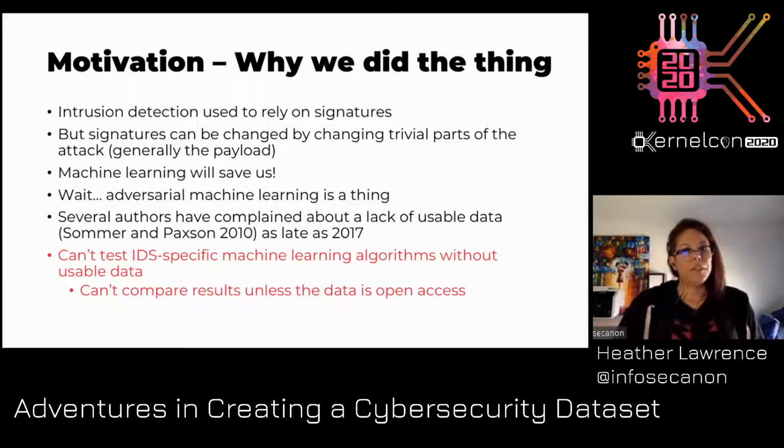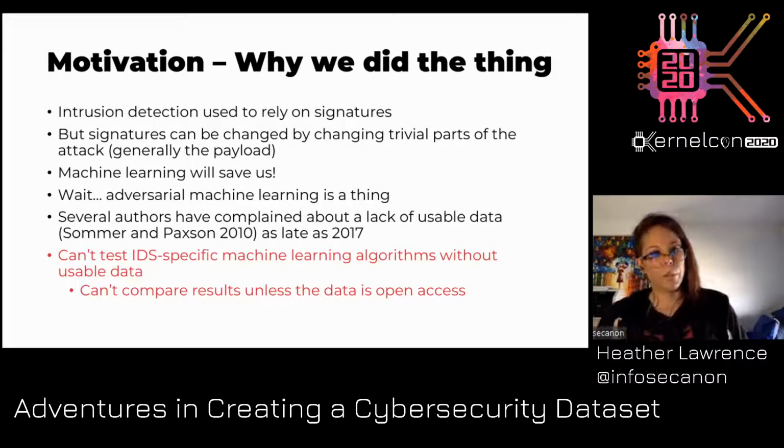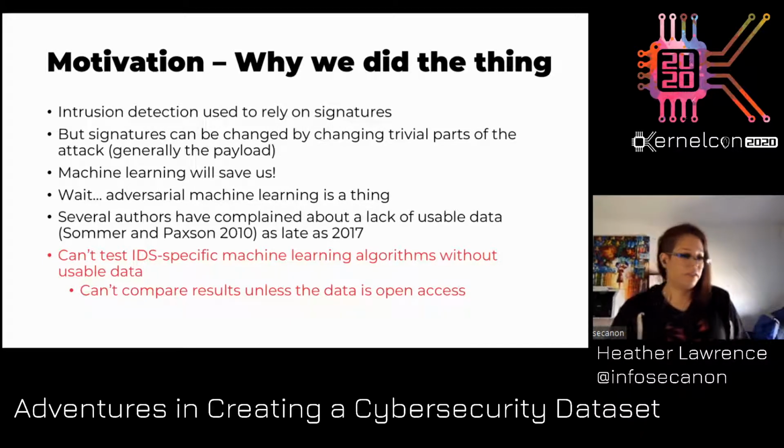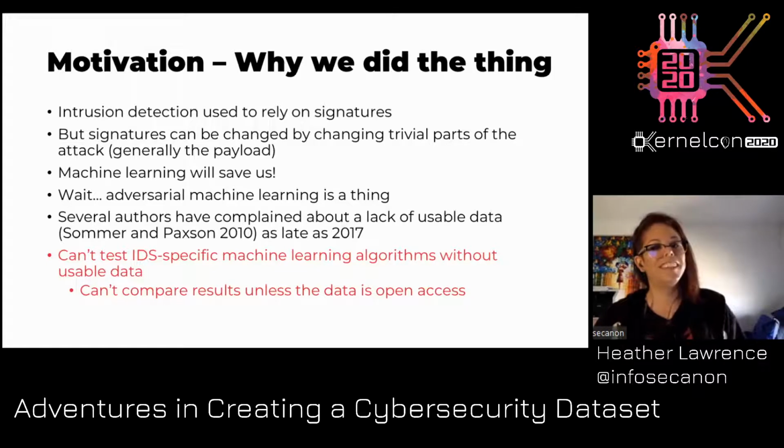So our motivation, like why we did this thing: intrusion detection relies on signatures, right? And signatures can be changed by changing trivial parts of the attack, generally the payload. So as a security industry, we're like, well, machine learning, that's going to save us, right? Until we discovered that adversarial machine learning was a thing.